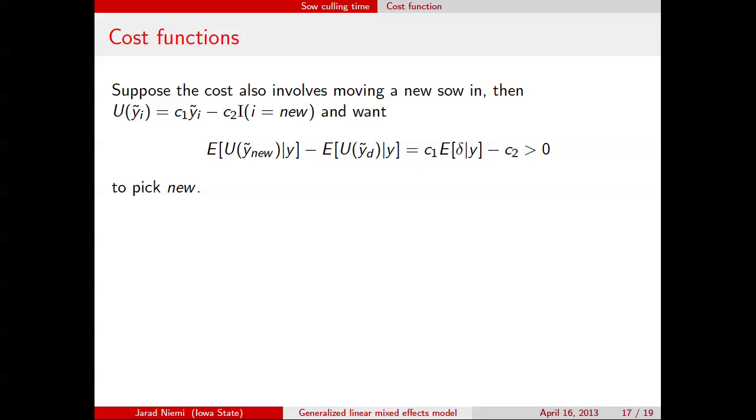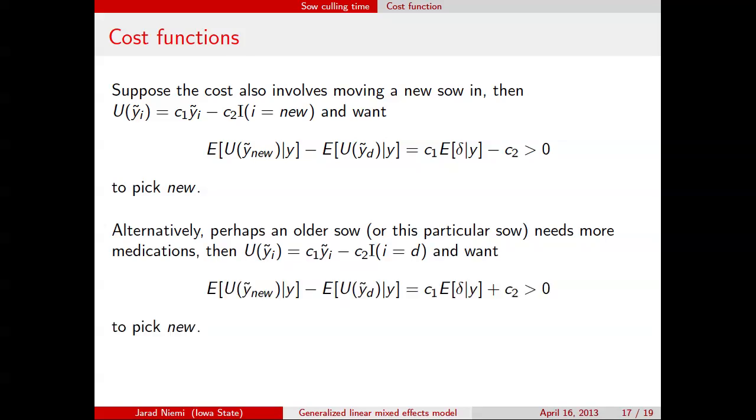You can do the same thing. Maybe it costs more to keep the old sow because you have to medicate them more or something, right? You get the same thing here. The formula looks almost identical. And then the decision will definitely depend on what these costs are, right? But the nice thing at this point is that they only depend linearly through that expectation that we have.